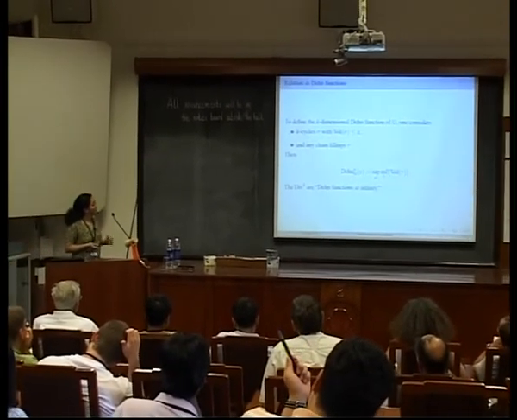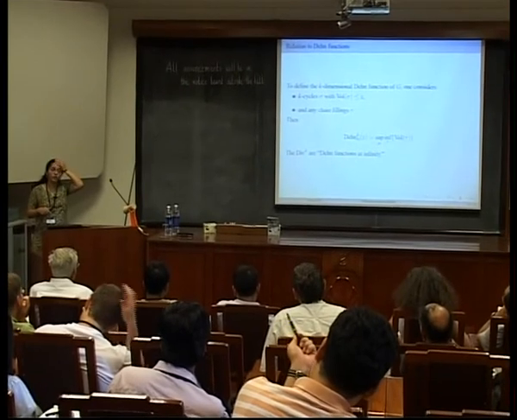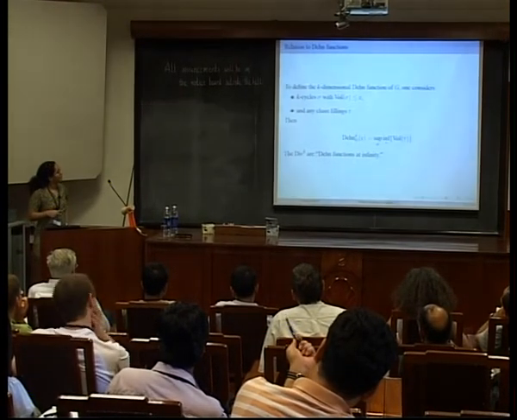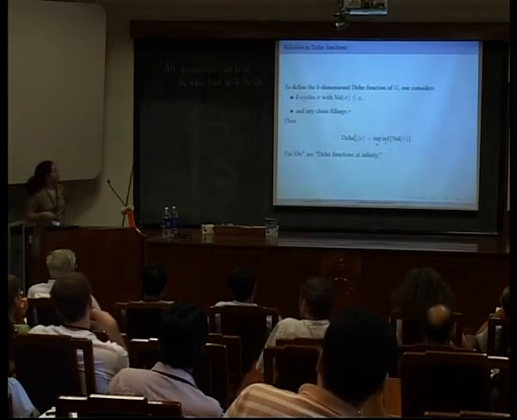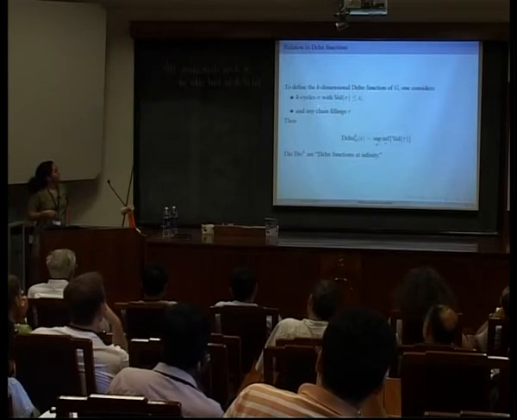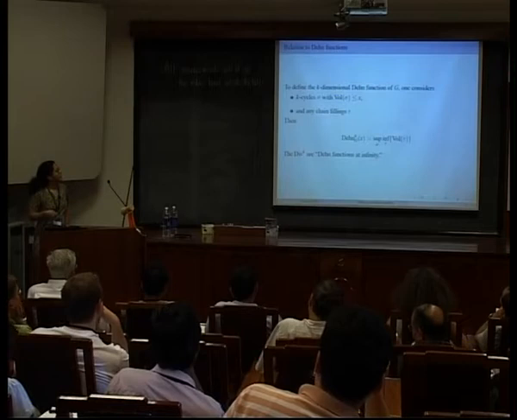What I did want to talk about was I mentioned this connection with filling functions before. When you define the k-dimensional Dehn function of a group, you consider k-cycles with volume bounded by some number and any chain fillings. And then the Dehn function is this function right here.